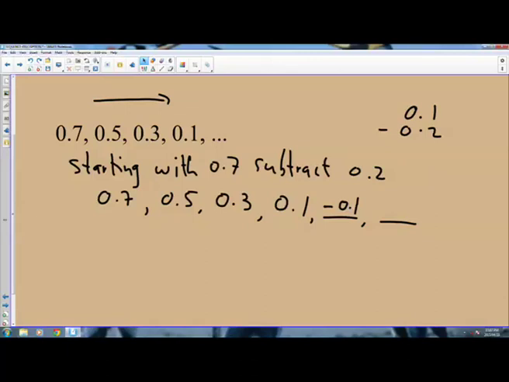And then negative 0.1 minus 0.2. It's negative and negative, so this will be negative 0.3. These are the next two terms within this sequence: negative 0.1, negative 0.3. Then the list goes on.